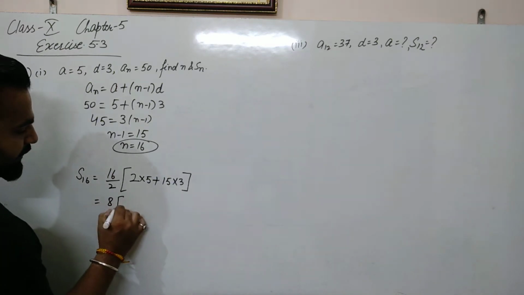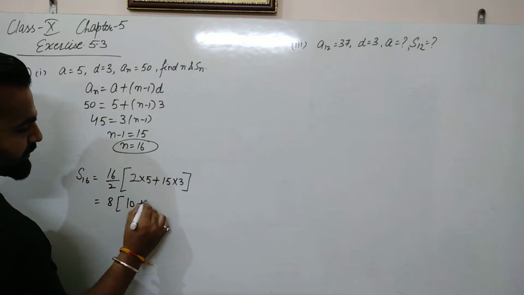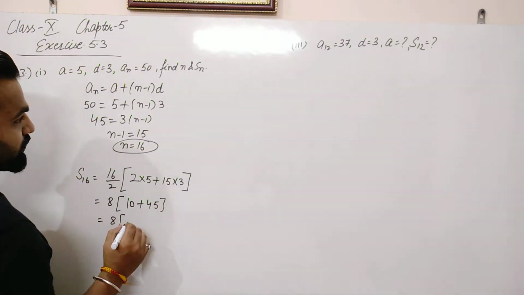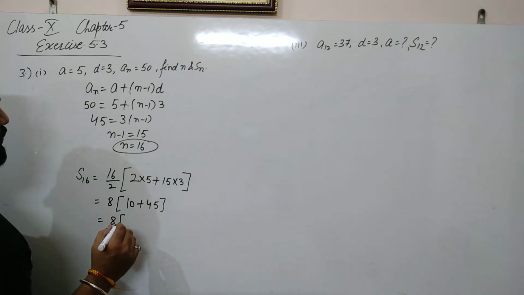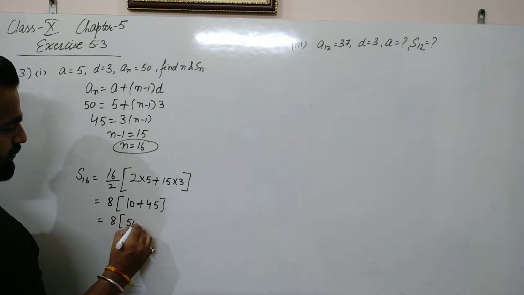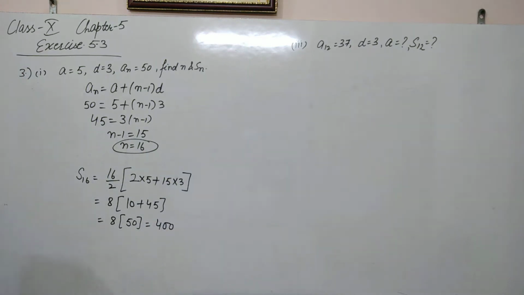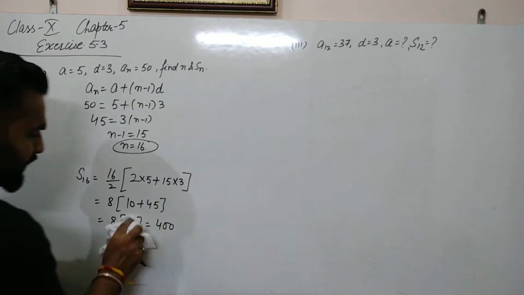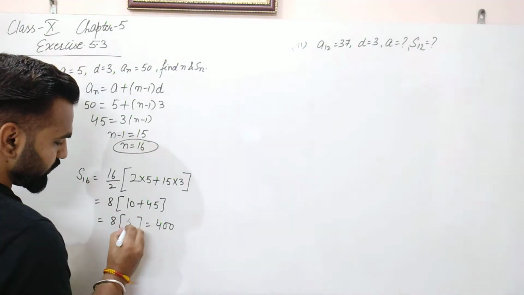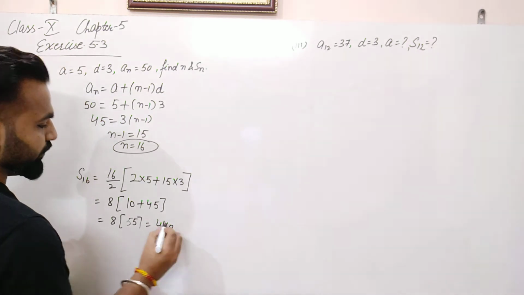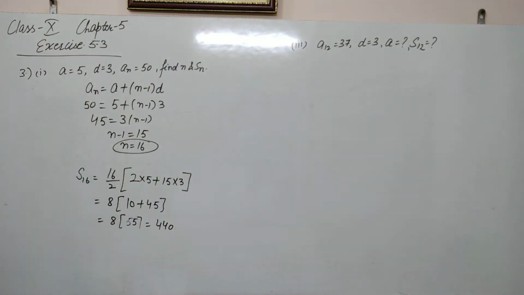This will be 8 into (10 plus 45), so 8 into 55, and the answer will be 440. So this was the first part.